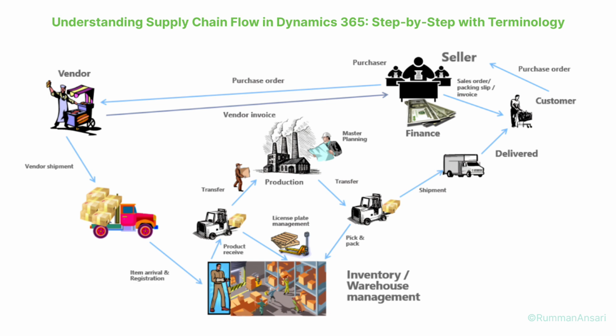Now comes item arrival and registration. In this process, once the shipment arrives, it undergoes the item arrival and registration process at the receiving dock. Item arrival registration means logging and scanning items into the system to acknowledge the arrival.